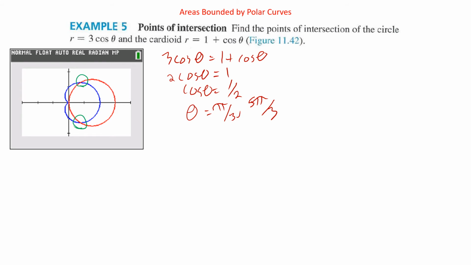However, as we're looking at this, what about that intersection? This equation does not give us that intersection. It looks like it intersects at the origin at 0, 0, which it does. However, it doesn't hit it at the same theta, which is not particularly problematic, but they do intersect.